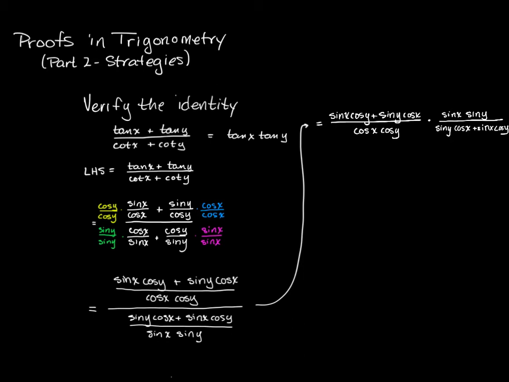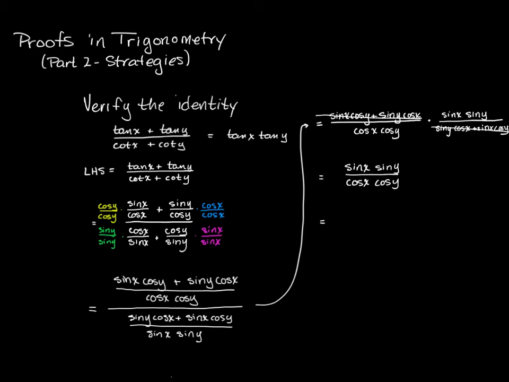Now they're in a different order, but notice that sine x cosine y plus sine y cosine x appears both here and here. Since addition is commutative, these are the same and I can cancel them. And that leaves me with sine of x sine of y over cosine of x cosine of y.